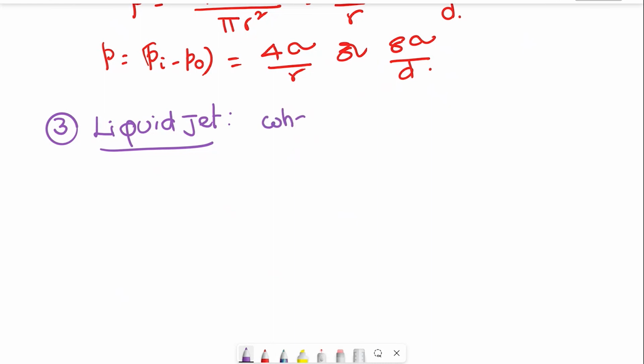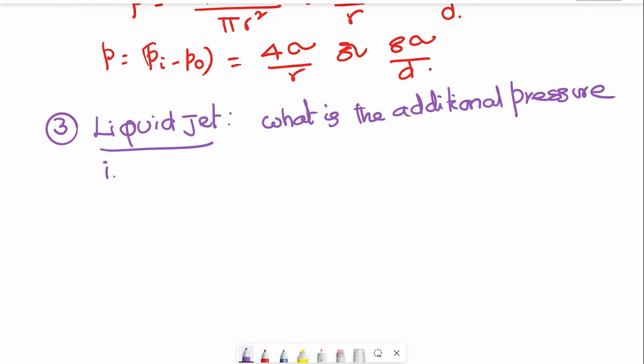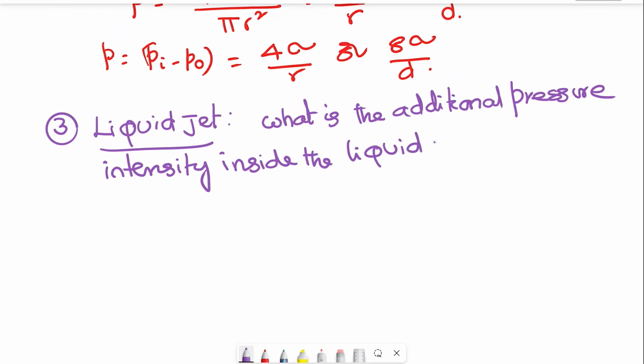What we are calculating is the additional pressure intensity, Pi, my internal minus outside, inside the liquid jet.